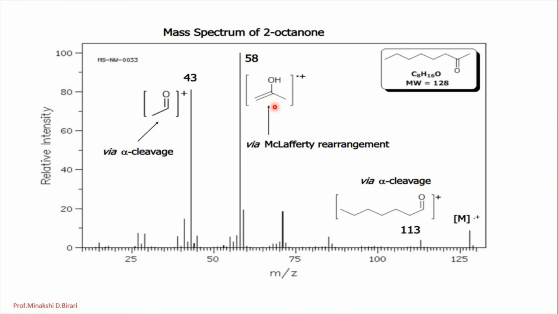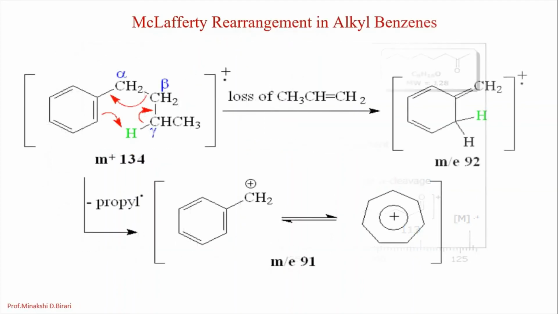Now let us see another example, the McLafferty rearrangement in case of alkyl benzenes. Here also the molecular ion peak is observed at 134, and if we consider the condition of having a gamma hydrogen, that gamma hydrogen can migrate to form the 6-member transition state and a new fragment is formed.